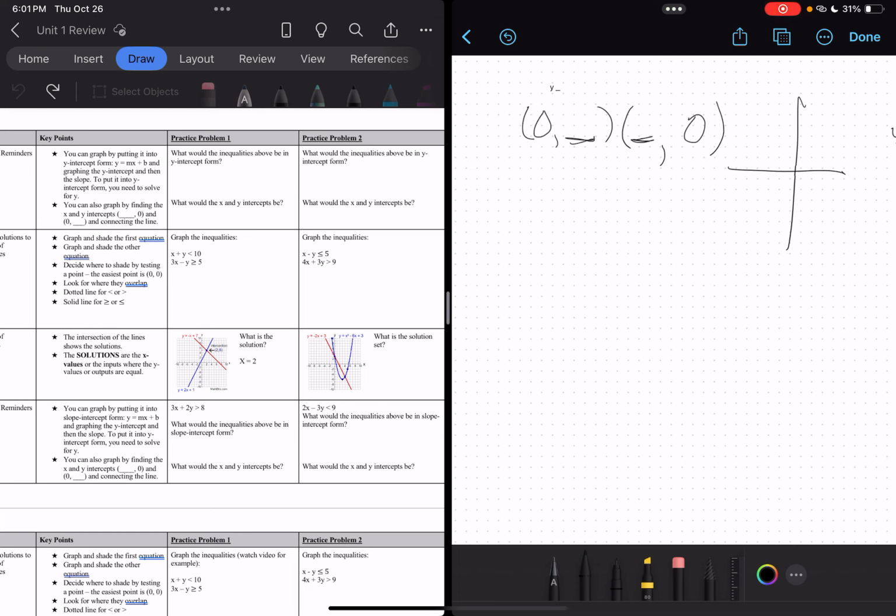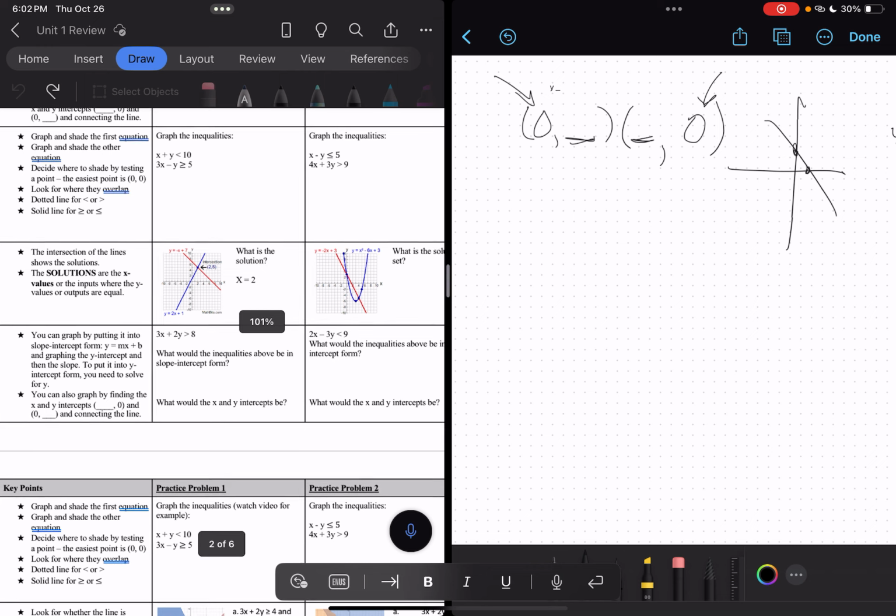That's where the line is crossing the y-axis and the x-axis. So when in doubt, to find a point, you can substitute 0 for x or 0 for y, and that will help you to graph. You can either use your slope, or you can create 2 points on your graph by looking for your x and y intercepts.